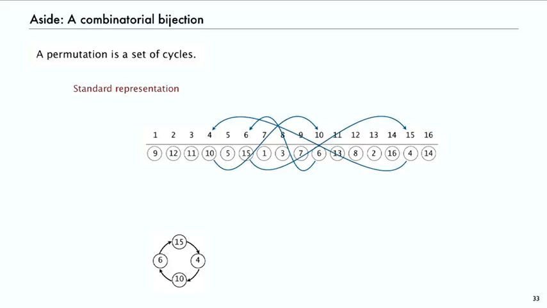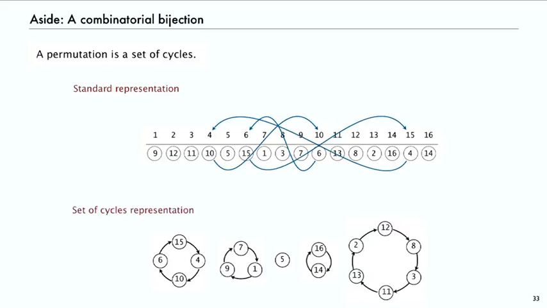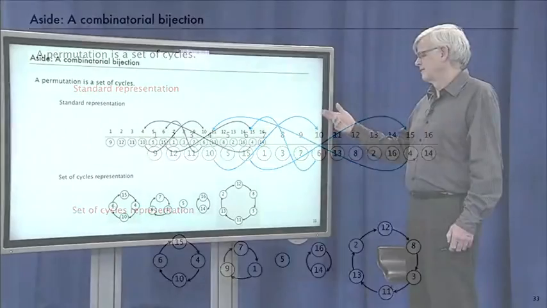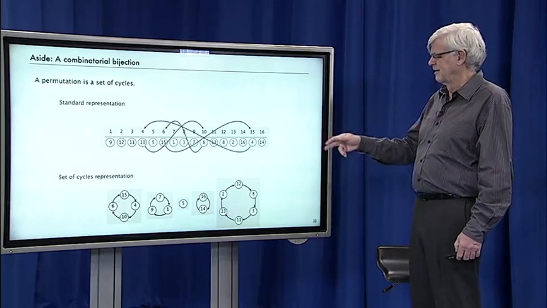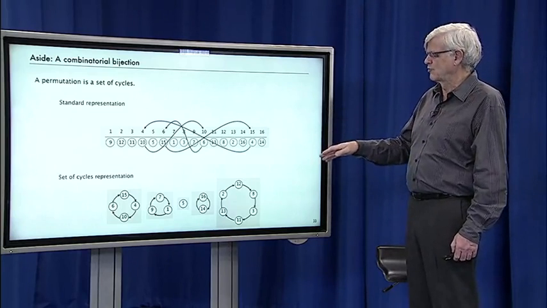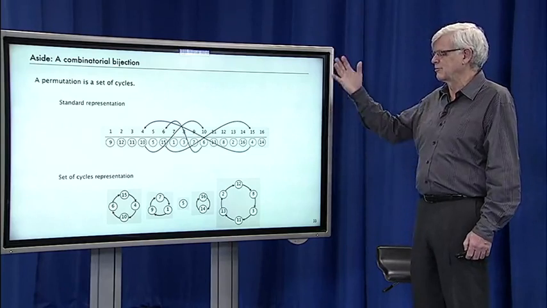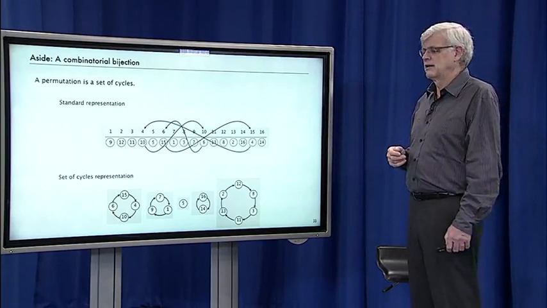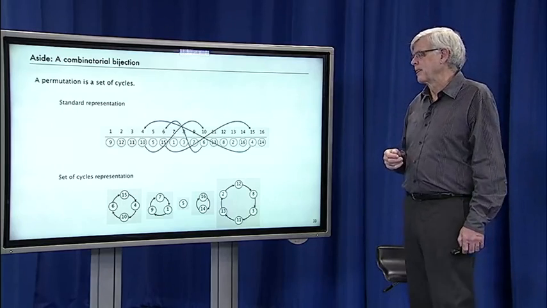And if you've already done an item, ignore it. Otherwise, do this process. You can convert any permutation into a set of cycles. And it's a worthwhile exercise to figure out how to reconstruct a permutation from a set of cycles. But that's a well-known bijection.